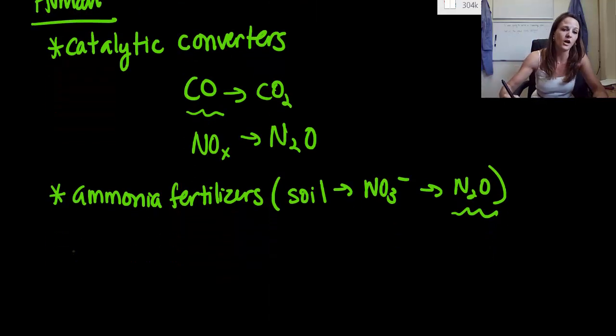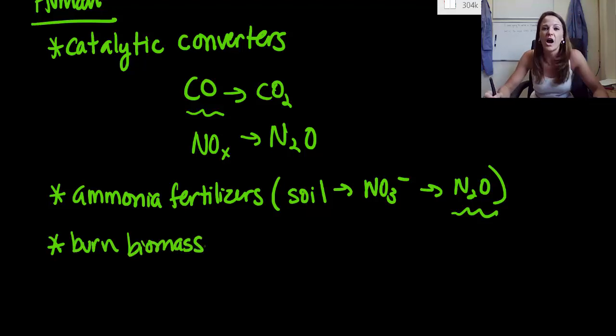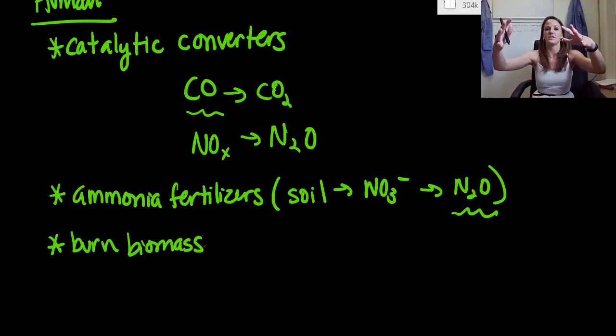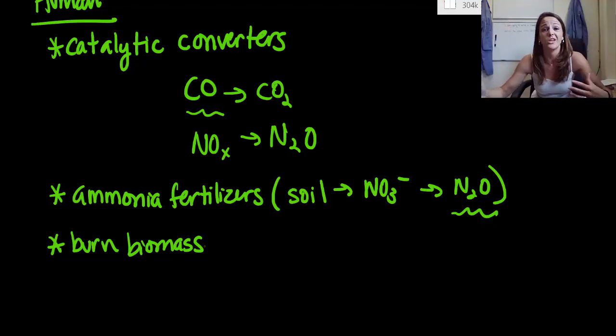Now, there's two more we talk about. One of them is when we burn biomass. So essentially when we burn our crops, we are releasing N2O into the atmosphere because we have incomplete combustion. The incomplete combustion forces N2O as a byproduct, and so we release it into the atmosphere.